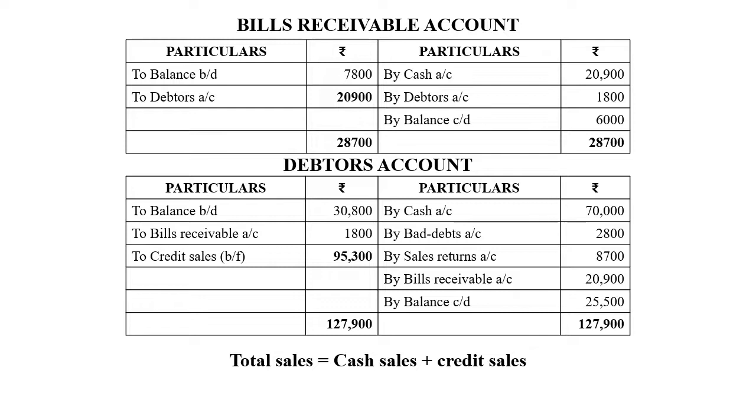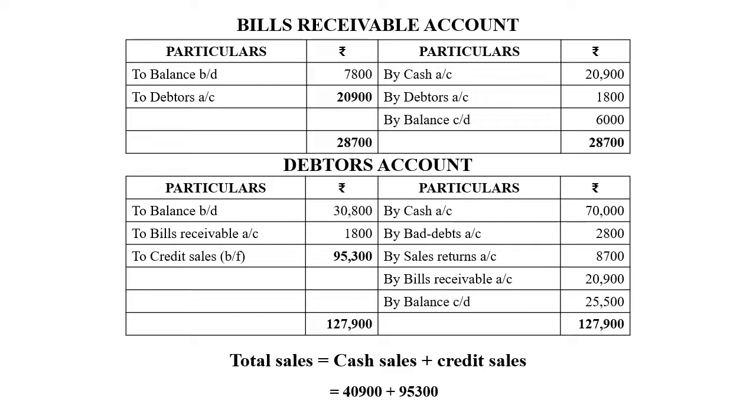So total sale equals cash sale plus credit sale. Cash sale 40,900, which is given in the problem. Credit sale 95,300, just now we ascertained that figure. If you add, you will get total sale.